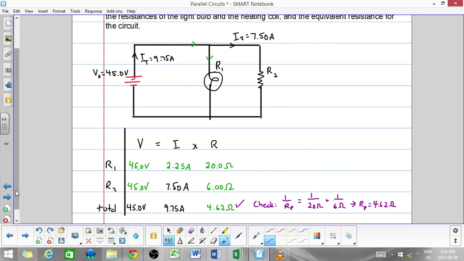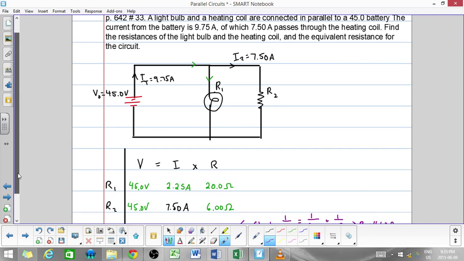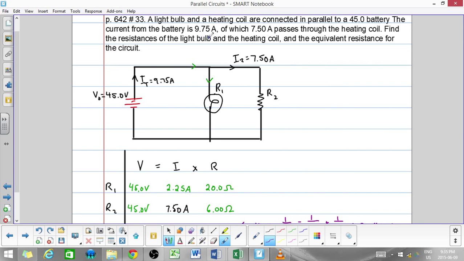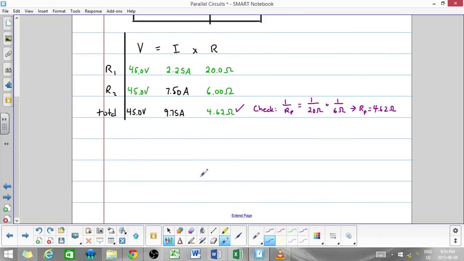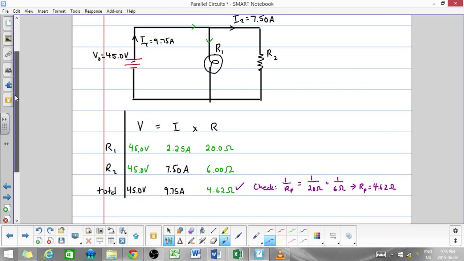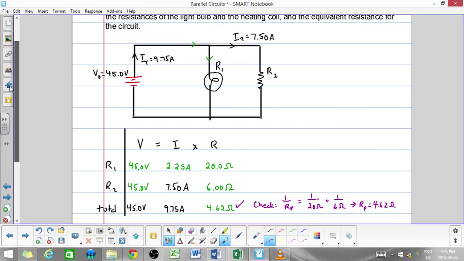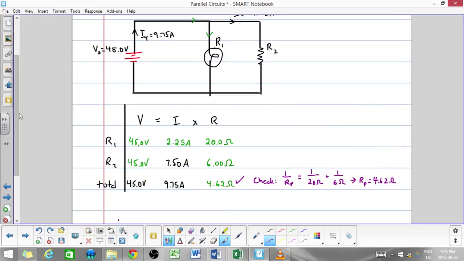All right, so we were asked to find the resistances of the light bulb and the heating coil and the equivalent resistance for the circuit. Therefore, here, let's pretend we wrote all these things down. And just go over, again, the relationships here.